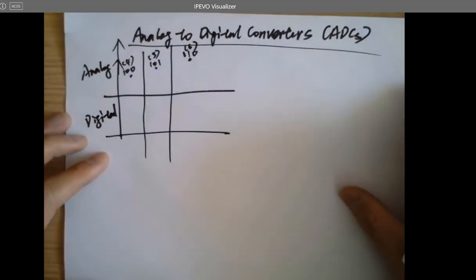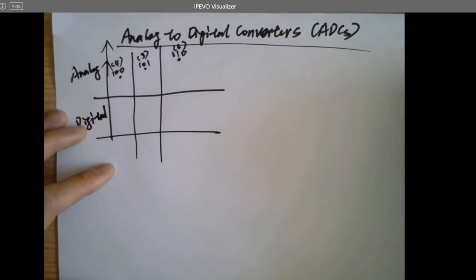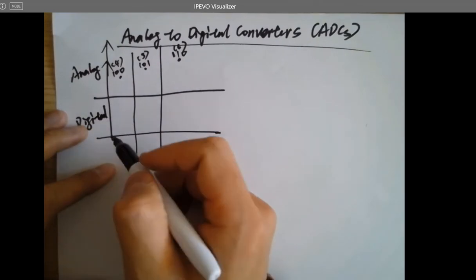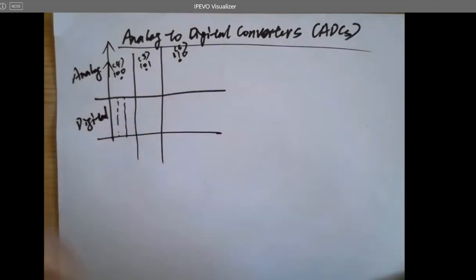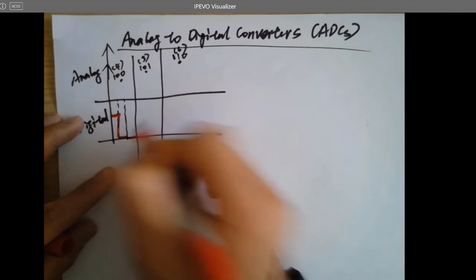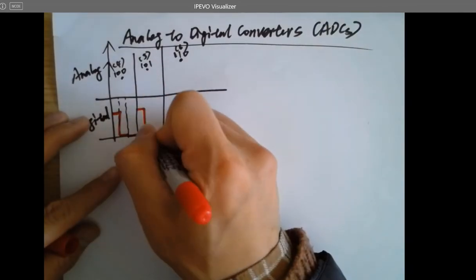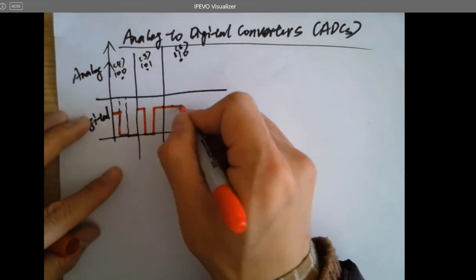What does the digital signal look like? 3 bits. Keep in mind. So I have to divide this period into 3 cycles. What does the signal look like? 100, 1, 0, 0, right? And for this one, 1, 0, 1. For this one, 1, 1, 0.